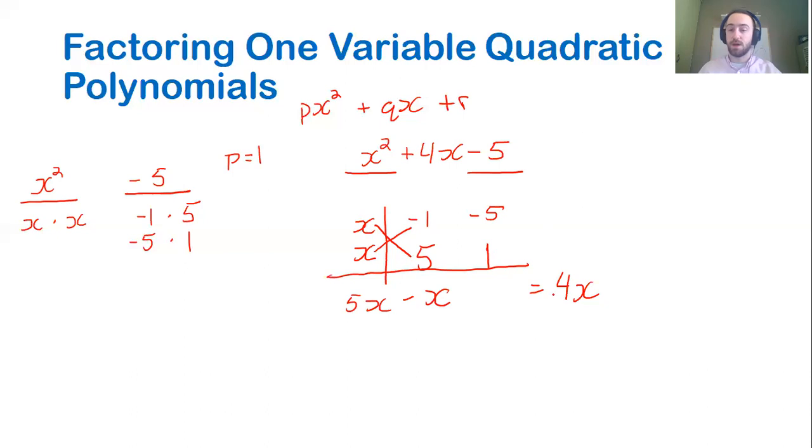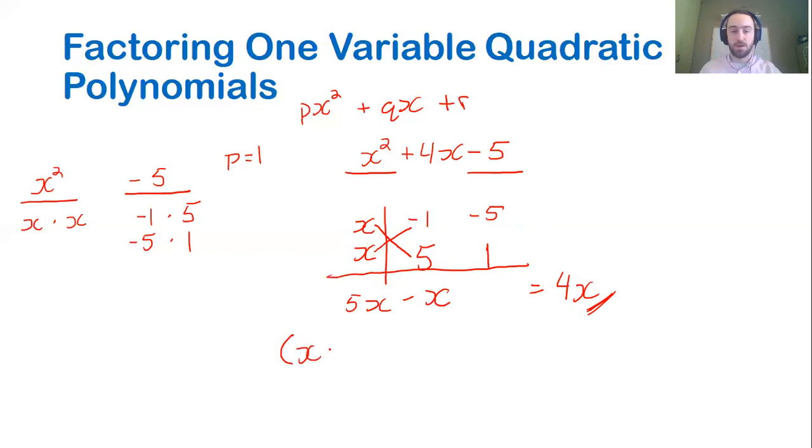If this was not our middle term, if we did not sum up to our middle term, we would simply go ahead and continue our cross multiplication. So we would go x multiplied by 1 on this side, and x multiplied by negative 5. But in this case, our first factor worked. So we're done. We just write out horizontally our factors.